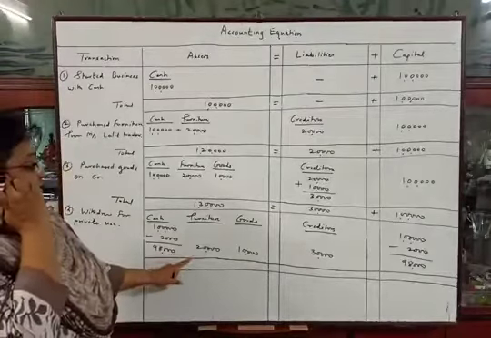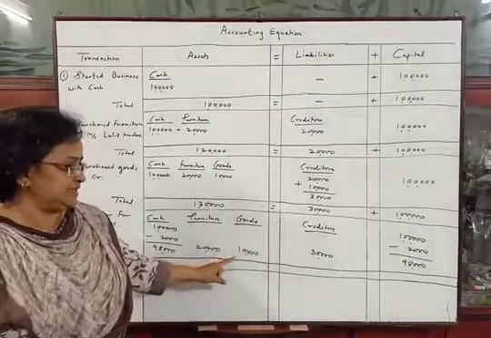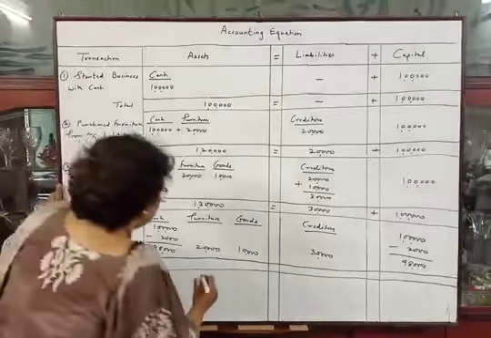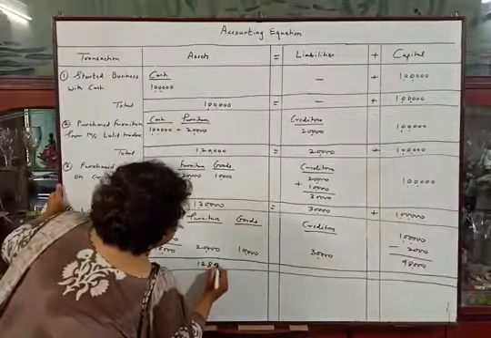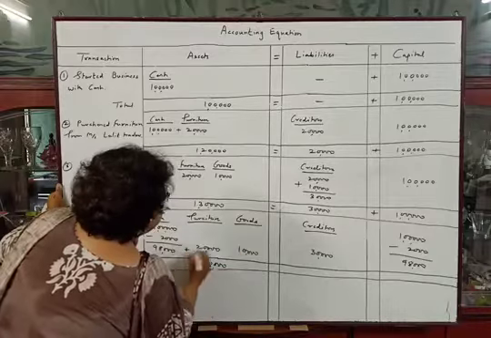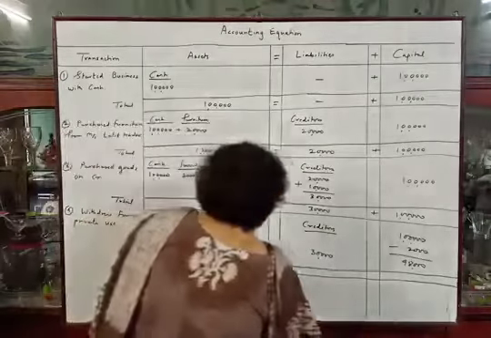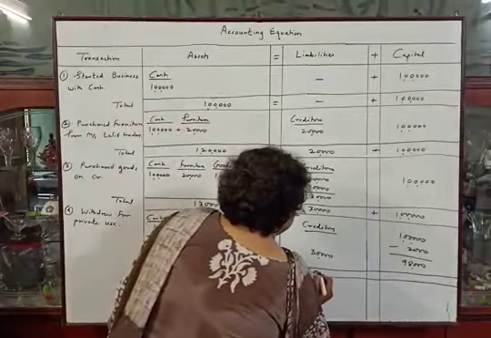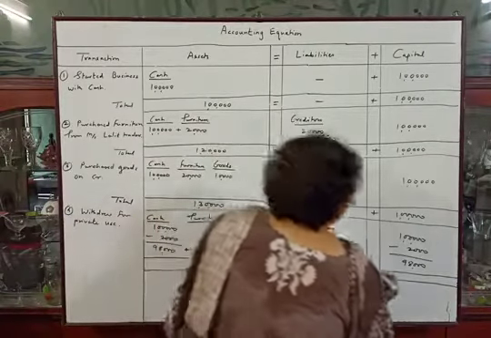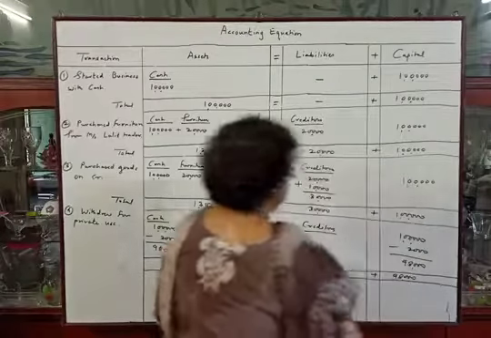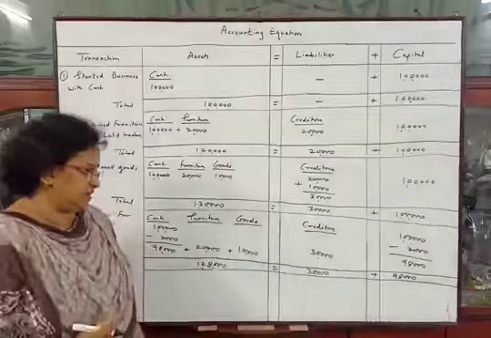Total of 98,000 plus 20,000 plus 10,000, it will be 1,28,000. 1,28,000 is equal to total creditors 30,000 plus capital will be 98,000, and 98,000 plus 30,000 means 1,28,000.